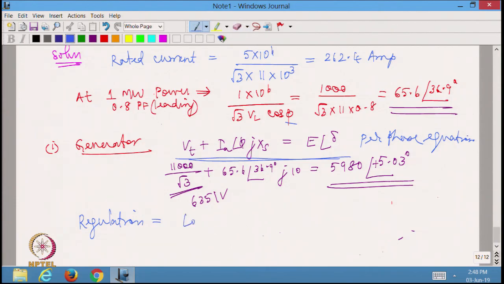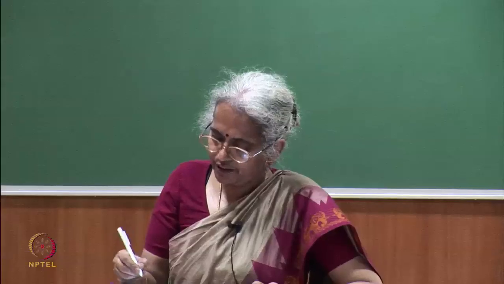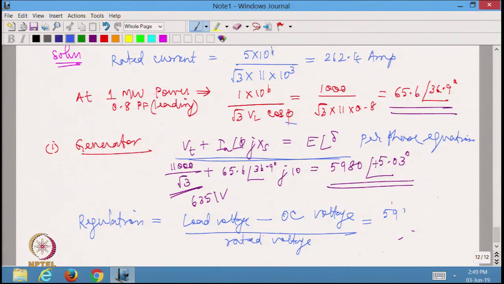It is load voltage or terminal voltage minus OC voltage divided by, I can say, rated voltage. So, here load voltage happens to be 6351 and this voltage happens to be 5980 if I am talking about generator. So, this is what I am talking about, divided by rated voltage.